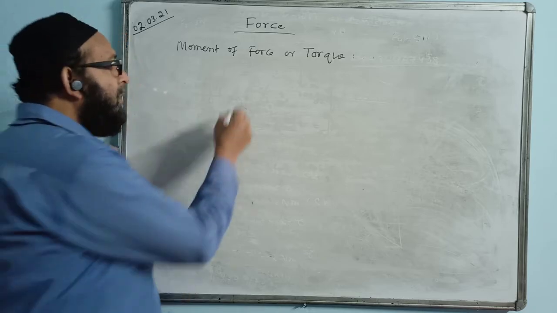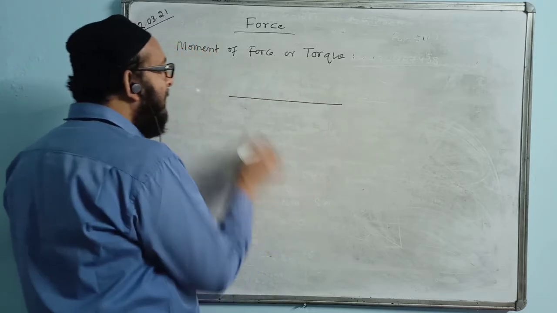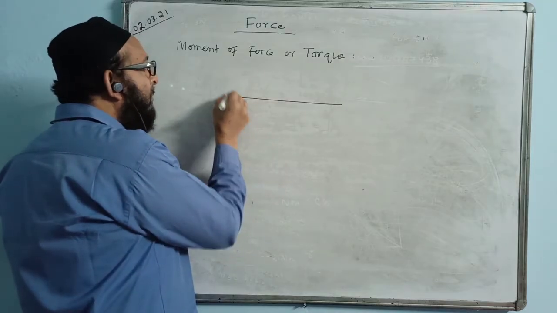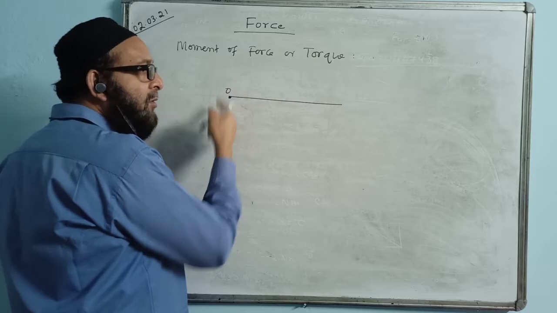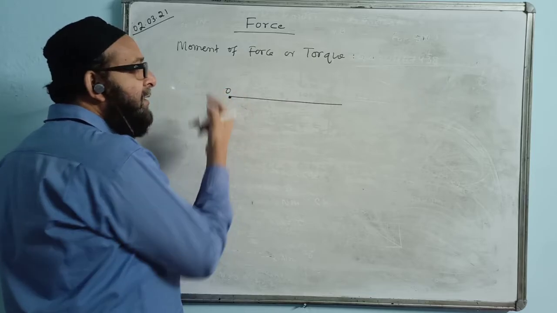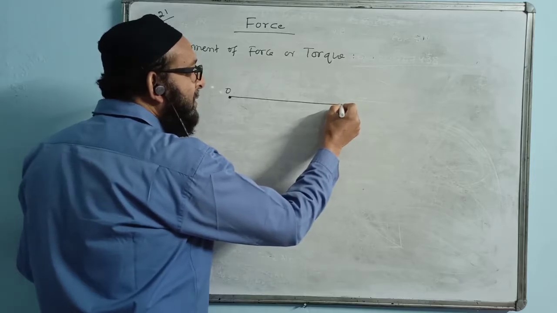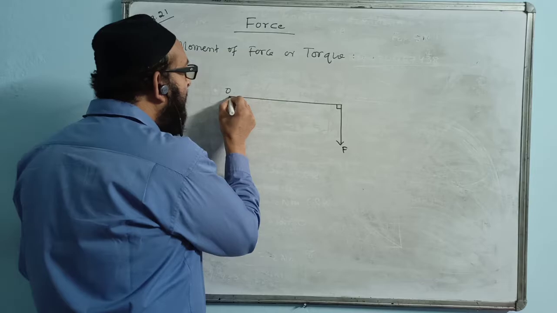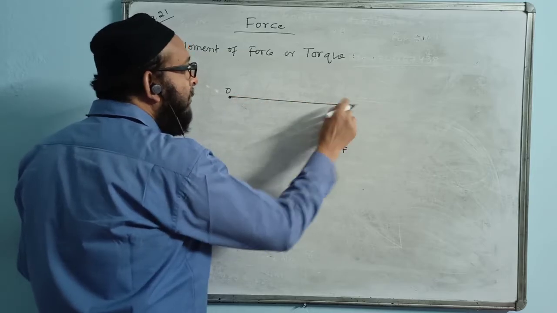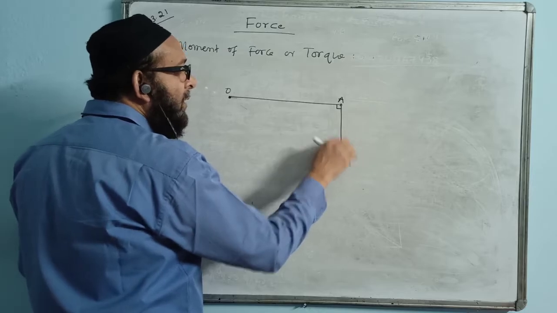Suppose I have a rigid body here, pivoted at this point, clamped, hinged or tied at one point, and we are applying a force F like this way. The perpendicular distance from here till here, from the point of application of force, you have to measure.